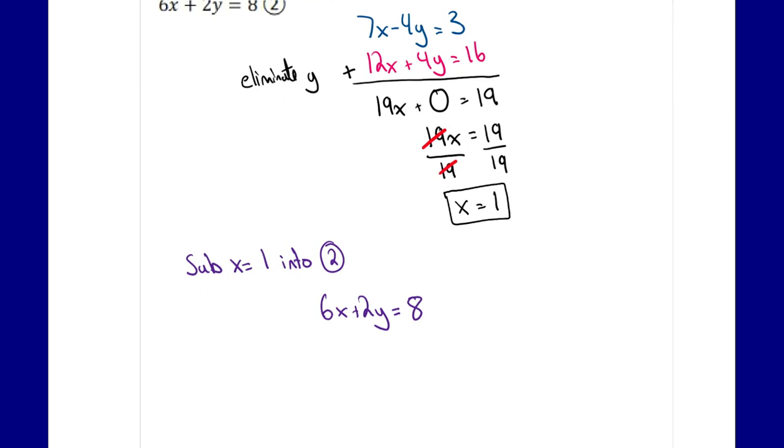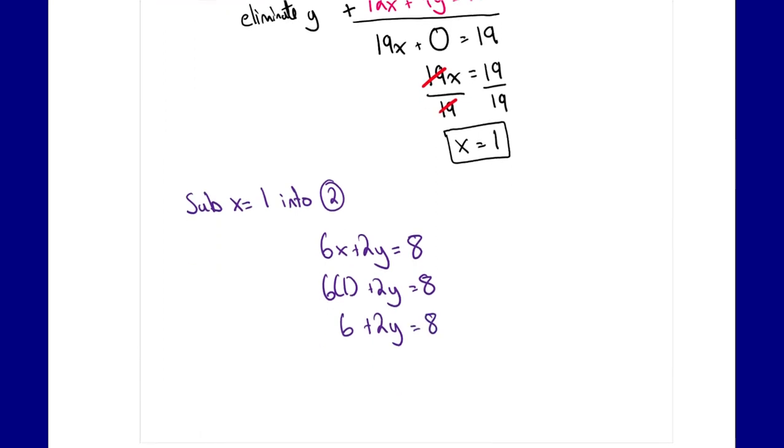So 6x plus 2y equals 8. Instead of x, we're going to plug in 1. So 6 times 1, plus 2y equals 8. 6 times 1 is 6, plus 2y equals 8. And now I'm going to solve for y. I'm going to bring the 6 over. It becomes minus 6, so 2y equals 8 minus 6. 2y equals 2.